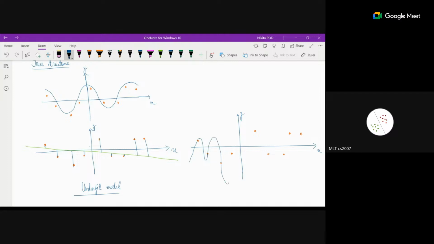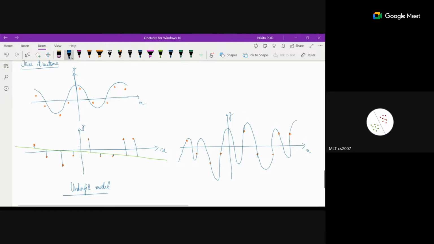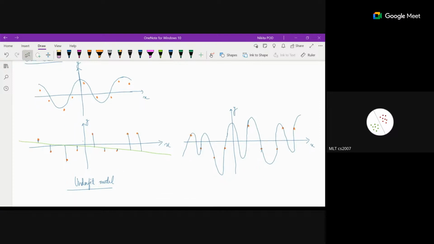Suppose this is the polynomial that I fit. Since we have kind of achieved the structure, that the true structure was sinusoidal, we are somewhere closer to that structure. But in order to achieve zero training error, we have also fit the noise along with it, right? So such a model is what we call an overfit model.